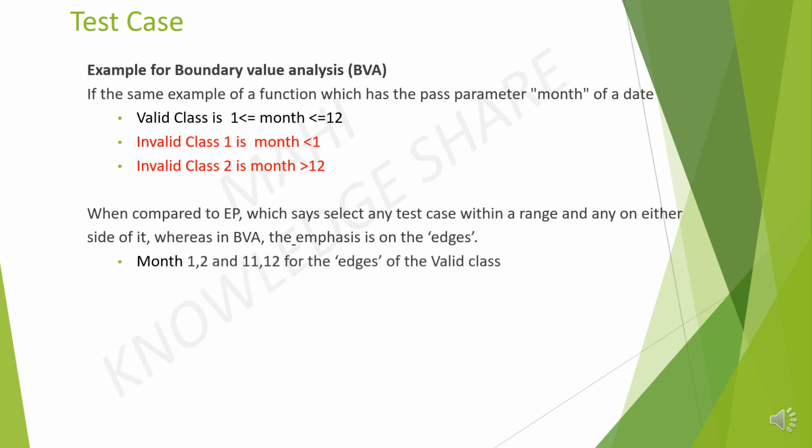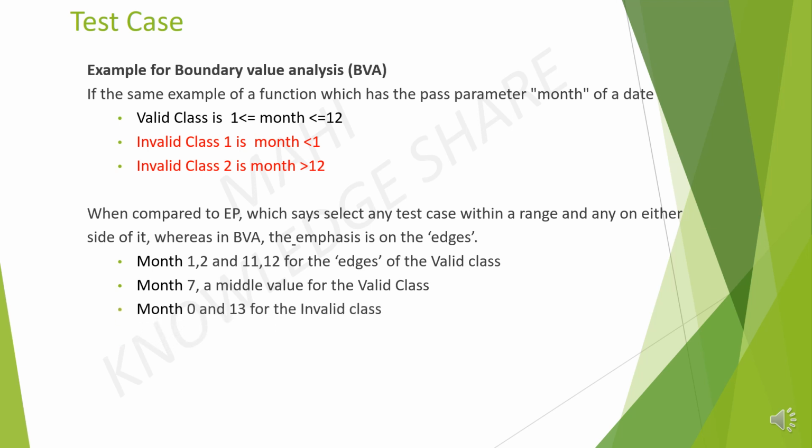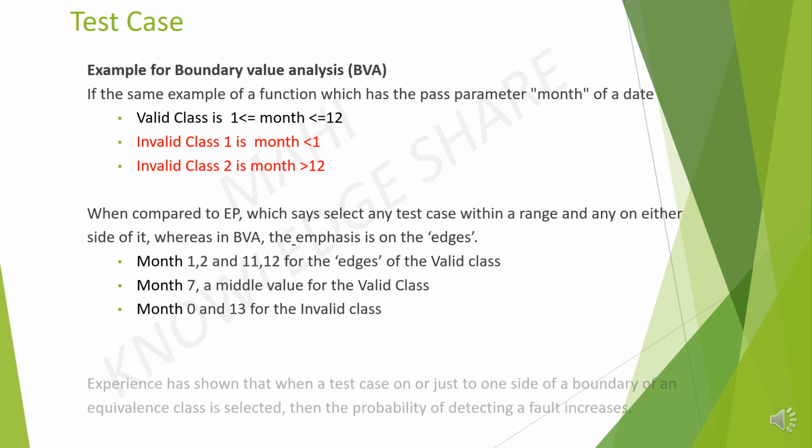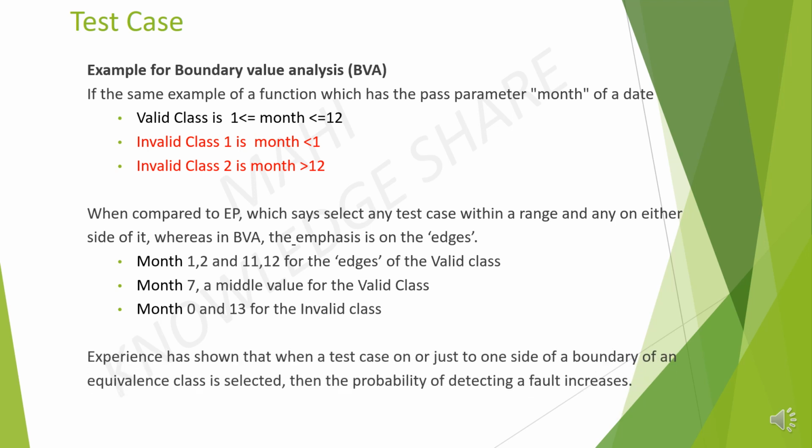Months 1 and 2, and 11 and 12 are the edges of the valid class, and month 7, a middle value, will also be considered a valid class, whereas months 0 and 13 are for the invalid class. Experience has shown that when a test case on or just to one side of a boundary of an equivalence class is selected, the probability of detecting a fault increases.